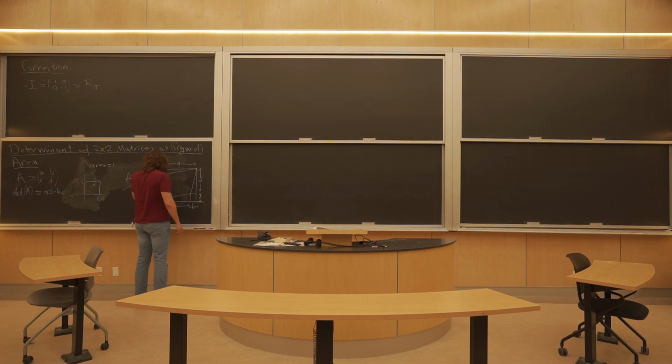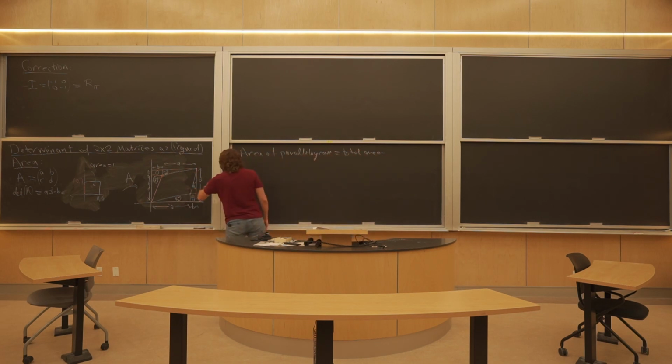So let's say this is 1, 2, 3, 4, 5, 6. Okay? So I can say that the area of the parallelogram equals the total area minus regions 1 to 6.